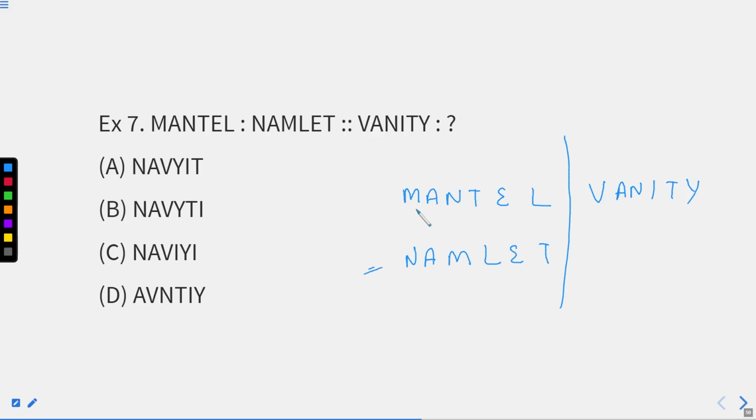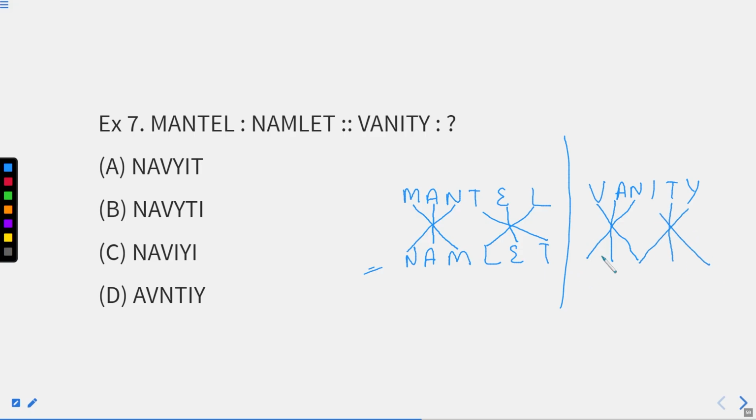So you can see that M is written here, N is written here, and A is exactly at the same position. Similarly, T is written here, L is written here, and E is written at the same position. So now we need to follow the same thing. V will be there, N will be there, A will be there, I will be there, Y will be there, and T will be there.